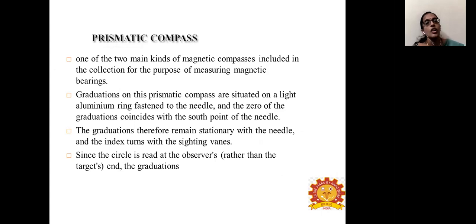There are two kinds of magnetic compass used for measuring magnetic bearing. The graduations on the prismatic compass are situated on an aluminum ring attached to the needle, and the zero of the graduations coincides with the point of the needle. So the graduations remain stationary with the needle, and the index turns with the sliding vanes.